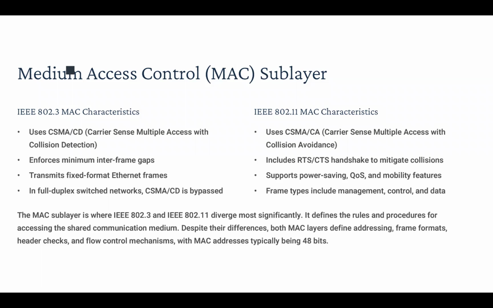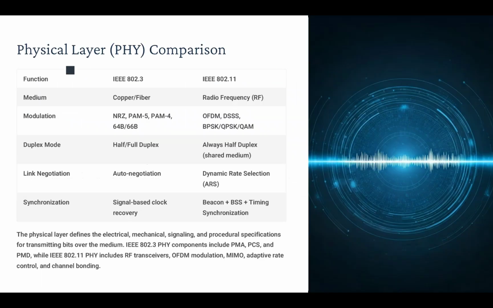And the third one is the data frame, which carries the actual payload between the devices. The MAC sublayer is the point where Ethernet and Wi-Fi diverge most significantly, due to their fundamentally different physical media, and they require distinct access control strategies and timing coordination.